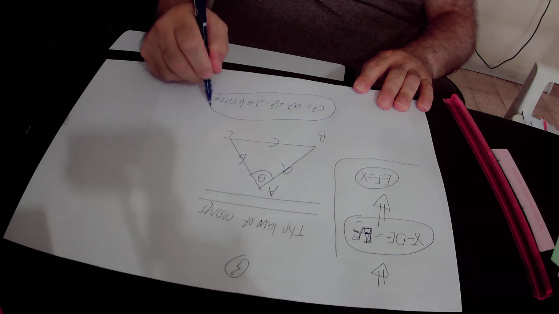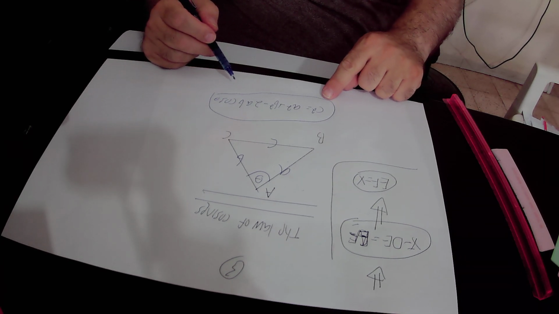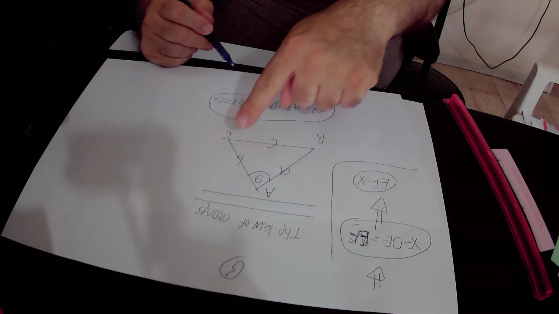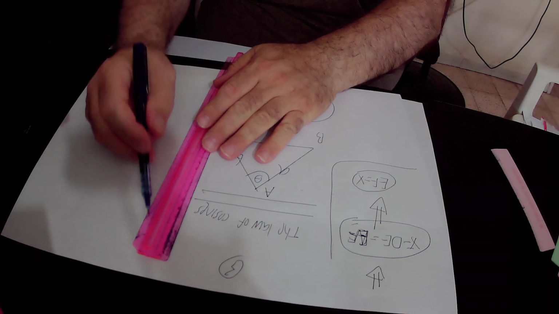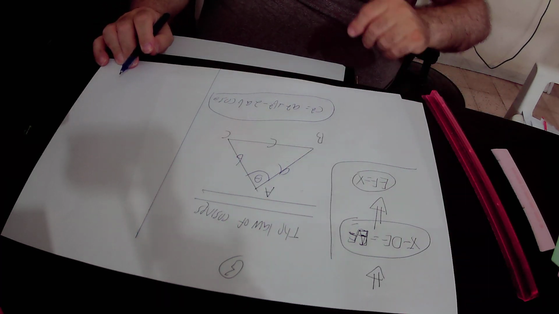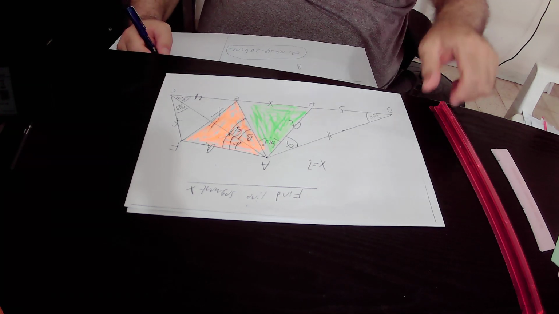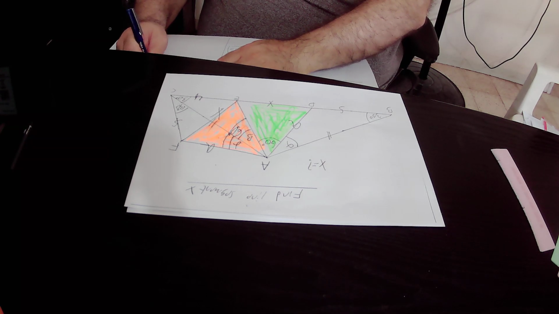So in triangle ABC, that could be any triangle, the following equation is true: C squared equals A squared plus B squared minus 2 times A times B times cosine theta. As I've already mentioned, we'll implement the law of cosines in triangle EFC. So I'll copy triangle EFC here.